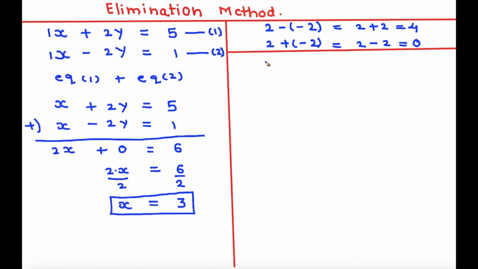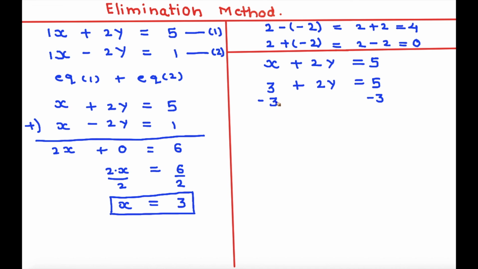So let us pick up that equation here, x plus 2y equal to 5. We are going to substitute x as 3, so 3 plus 2y equals to 5. To find out the value of y, first we should eliminate this 3 from here, so we do minus 3 from both sides.